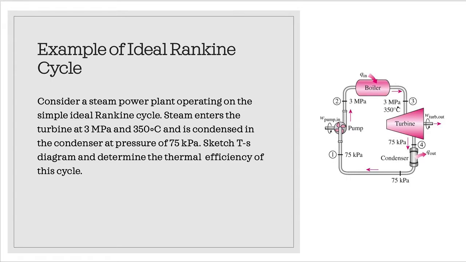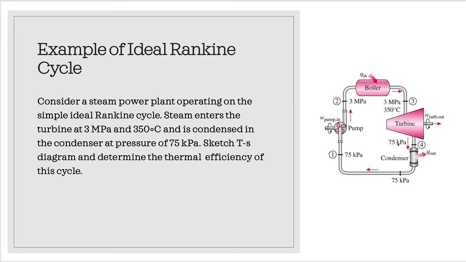At the inlet of the turbine, the fluid is superheated vapor. At a high temperature, 350 degrees Celsius, and a pressure of 3 megapascal, the superheated vapor enters the turbine.